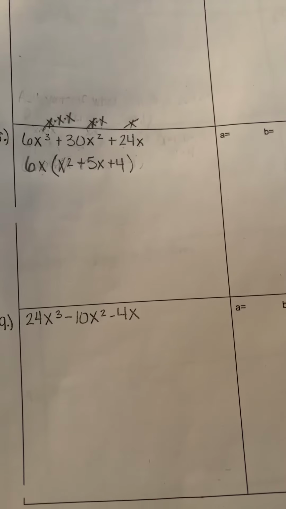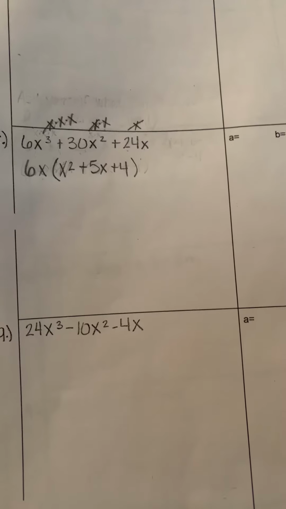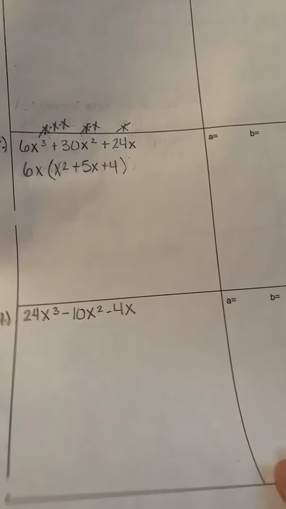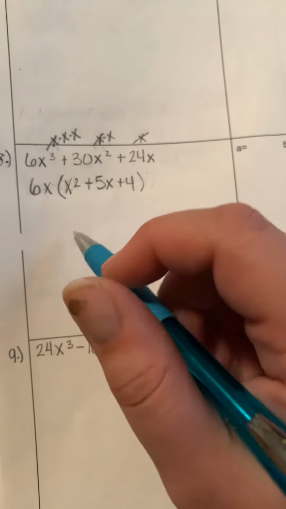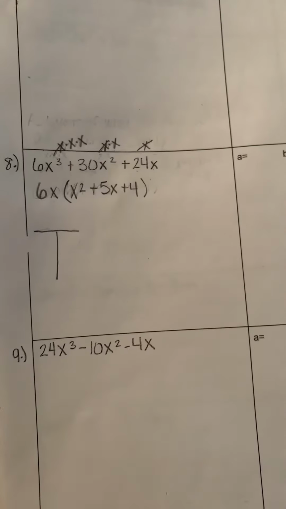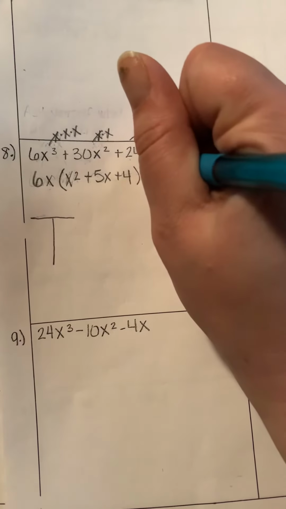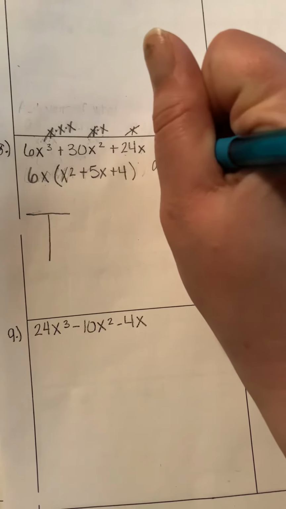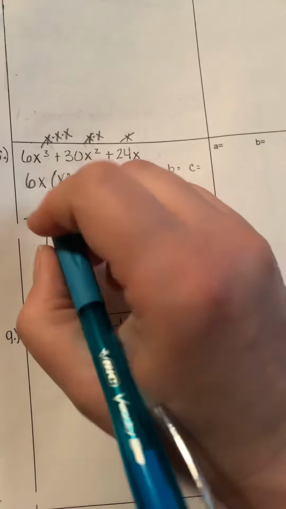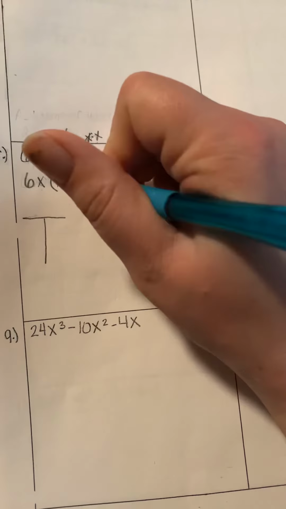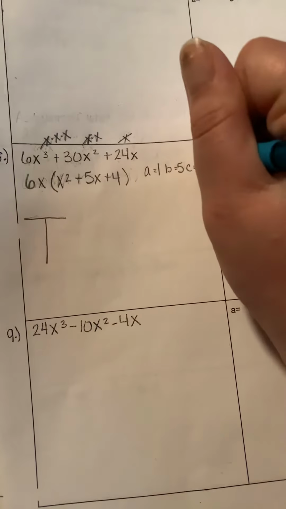Now we can go through and start the diamond method here with this one. So we've got what we're going to factor out, and we need to list our A, B, and C. So A is 1, B is 5, C is 4.